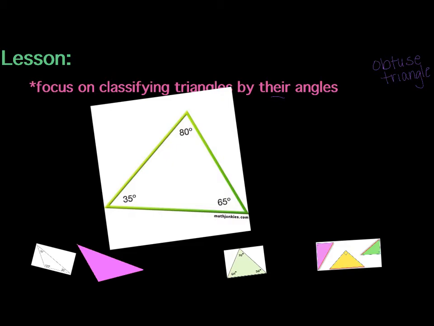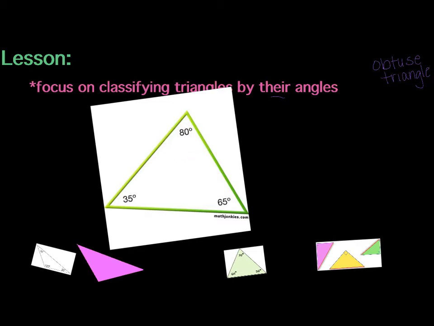Okay, what about this triangle? You can again see measurements here. This angle here is 35 degrees, from here to here. This angle on this side is 65 degrees. And this angle is actually 80 degrees.